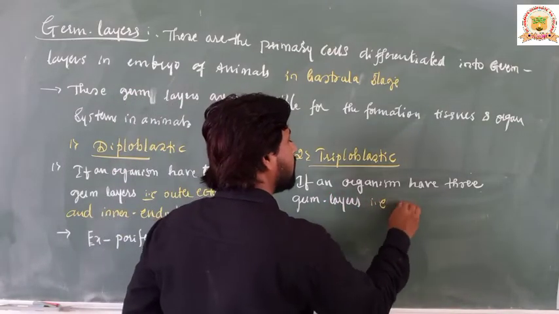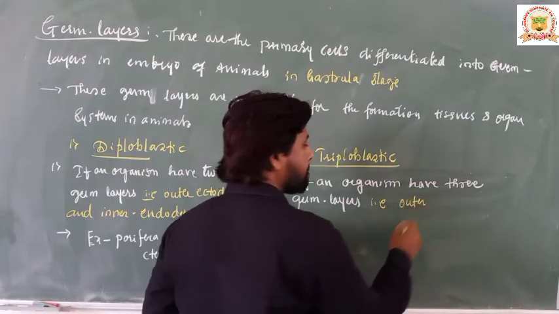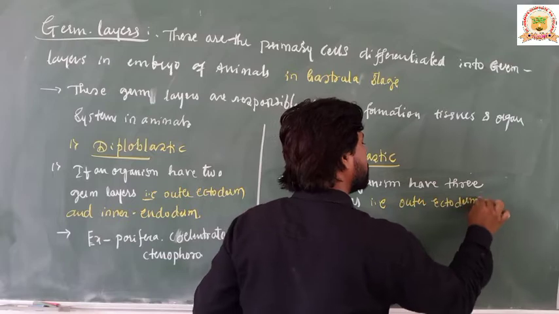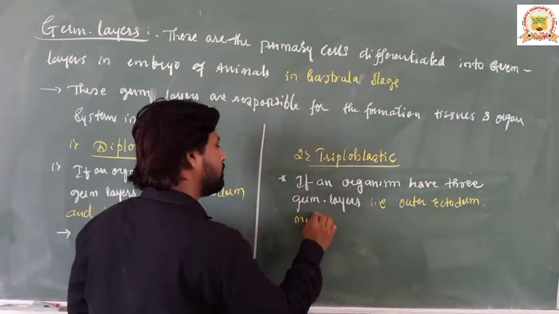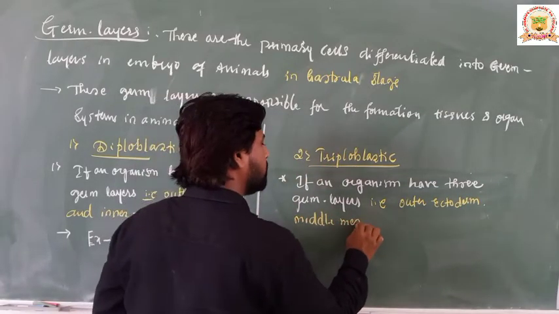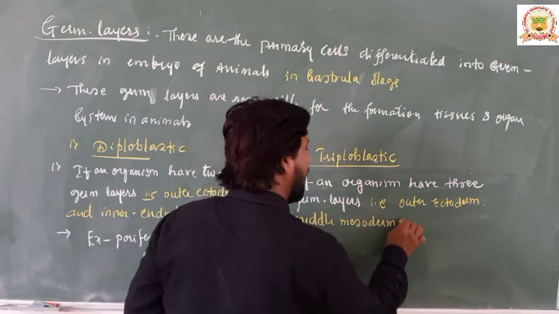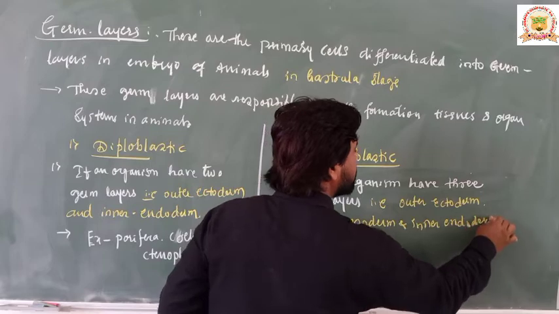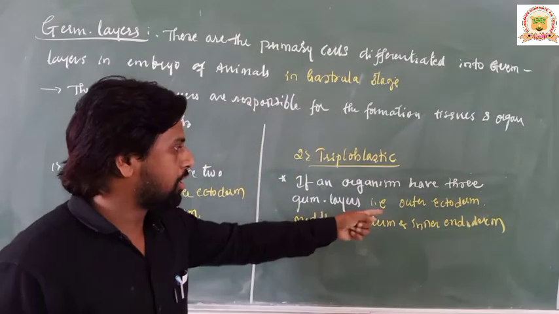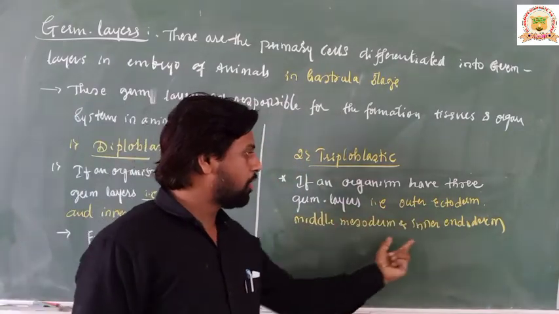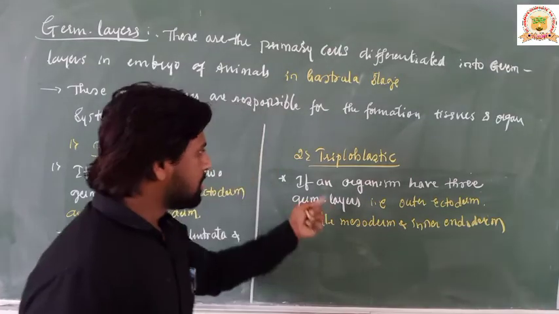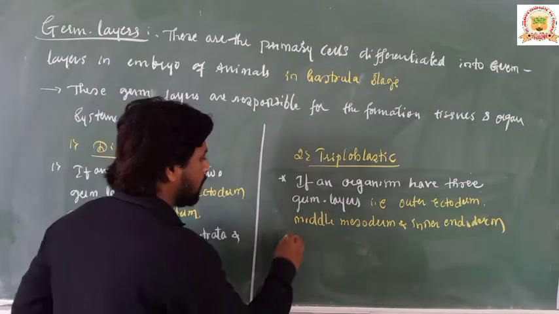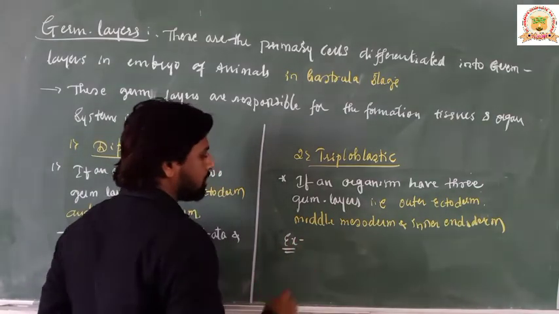That is outer ectoderm, middle mesoderm, and inner endoderm. So these are the three germ layers, students: outer ectoderm, middle mesoderm, and inner endoderm. Such animals come under what here? Triploblastic animals.